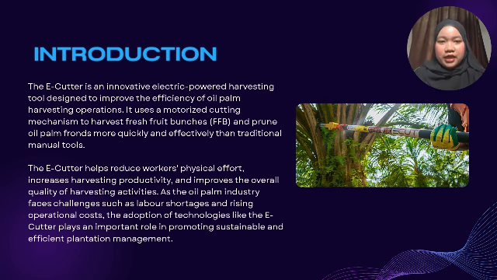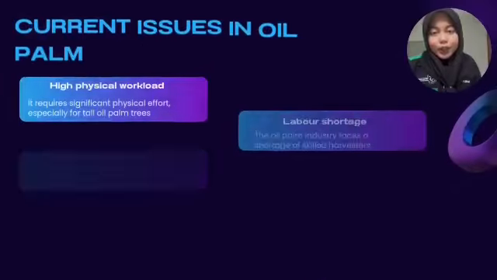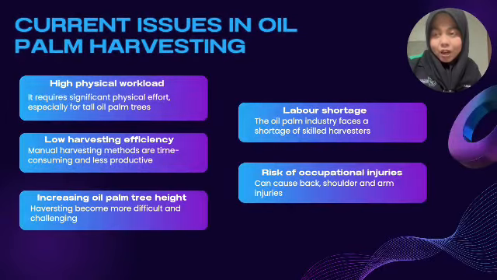The e-cutter helps reduce worker physical effort, increase harvesting productivity, and also improve the overall quality of harvesting activity. The adoption of technology like the e-cutter plays an important role in promoting sustainable and efficient plantation management, like oil palm harvesting.